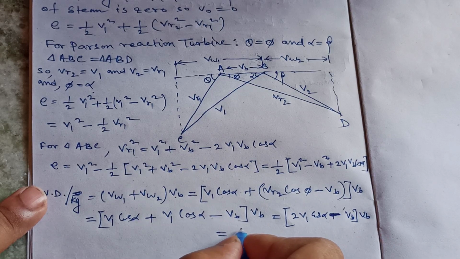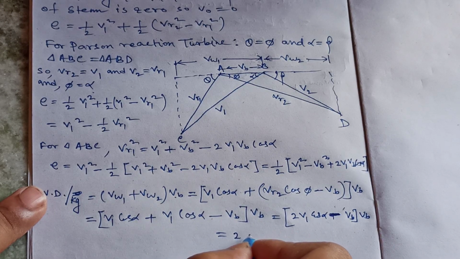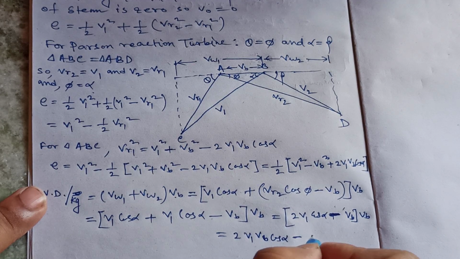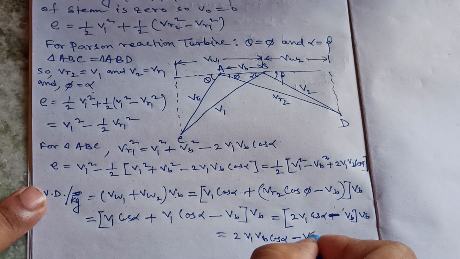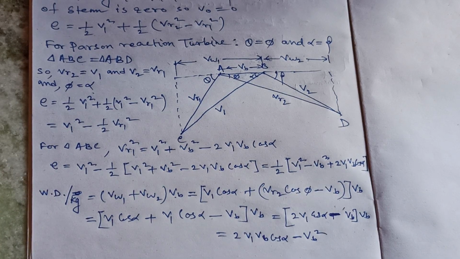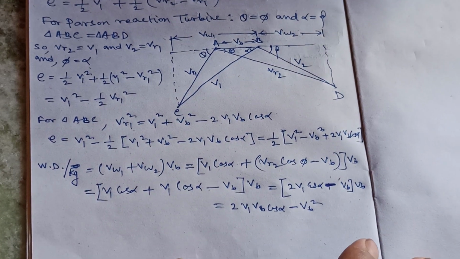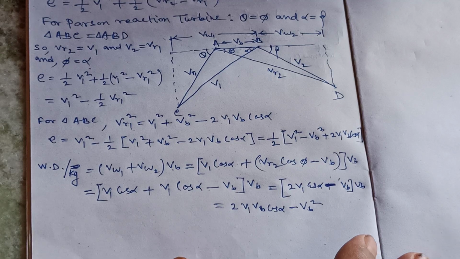This equals 2 V1 VB cos alpha minus VB square.